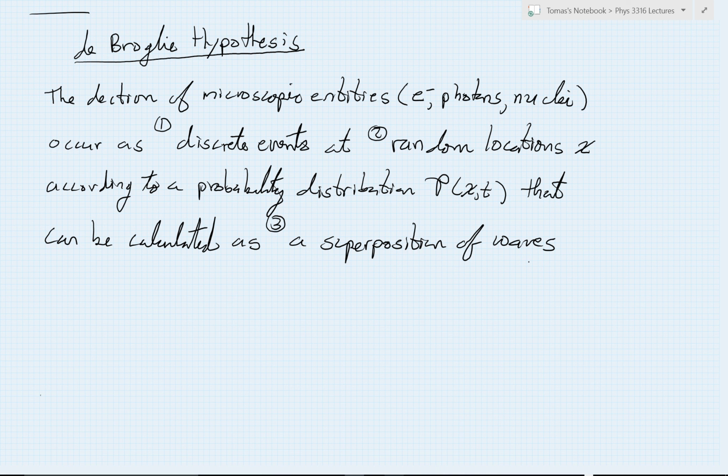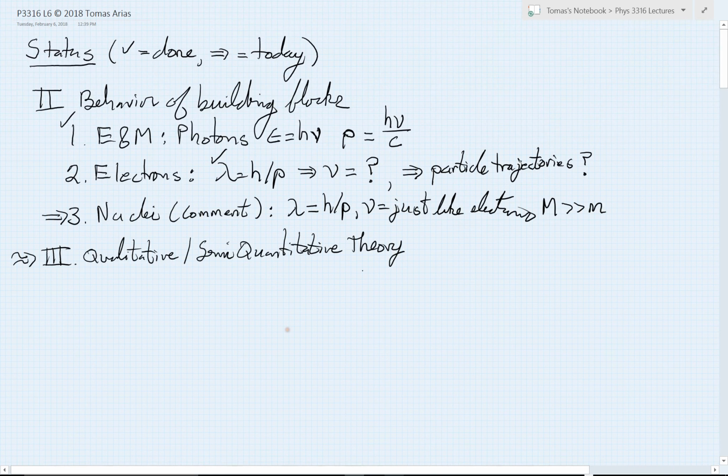Now, there are details of these waves. To superpose them, you need to know two things about them. You need to know their wavelengths, as a superposition of waves of wavelength lambda. And for the electrons, we had direct measurements that lambda equals h over p. Now, here's the cool thing that makes you really think that we're onto something fundamental that applies not only to electrons and nuclei, but also to photons. Because notice, for photons, we've always had this: the momentum is the energy in the packet, h nu over c.